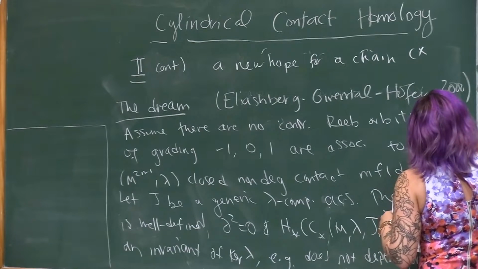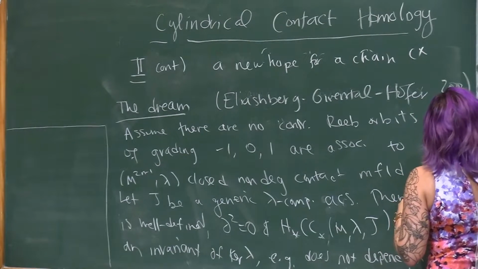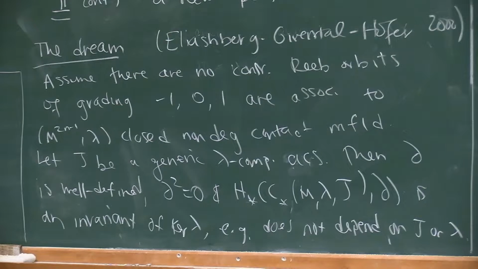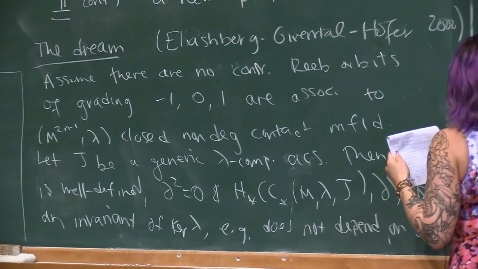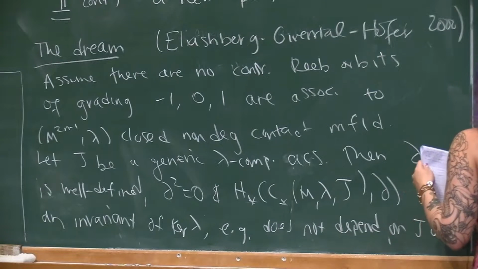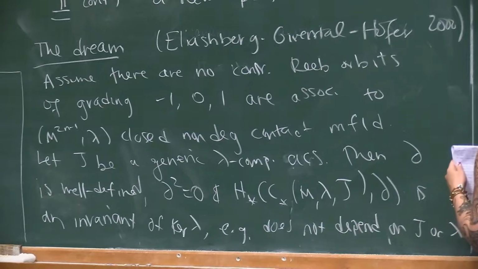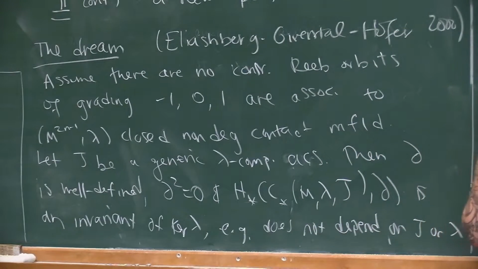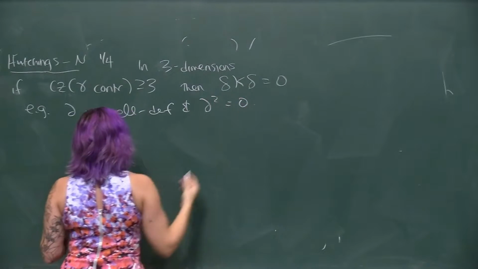So in 2014, Hutchings and I proved that in 3 dimensions, if CZ of gamma contractible is always greater than or equal to 3, which is called dynamically convex, basically, then we prove that delta kappa delta is equal to 0, so e.g. D is well defined, and D squared is equal to 0.